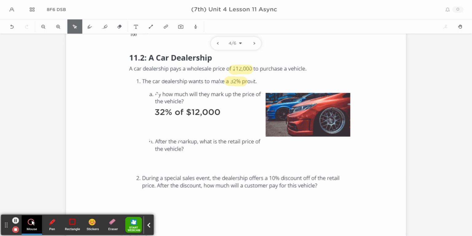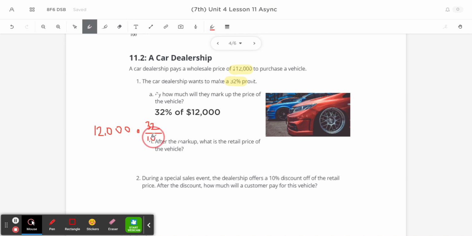To find 32% of $12,000, we need to use our typical formula for calculating percent. We'll multiply our whole number, $12,000, times 32 over 100, because that's our percent.